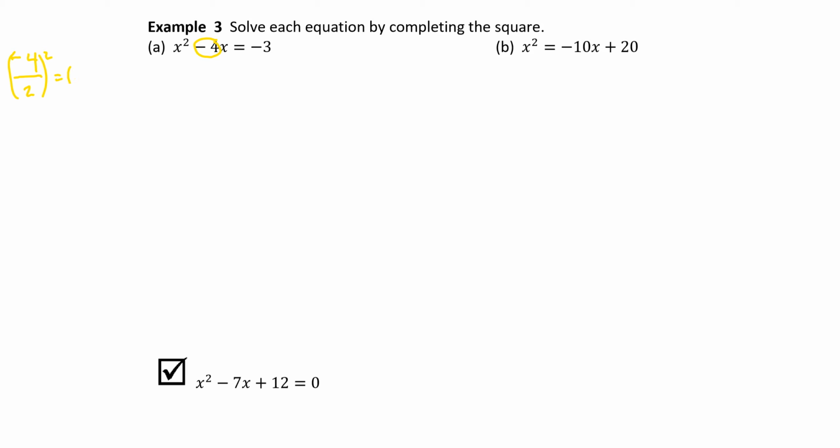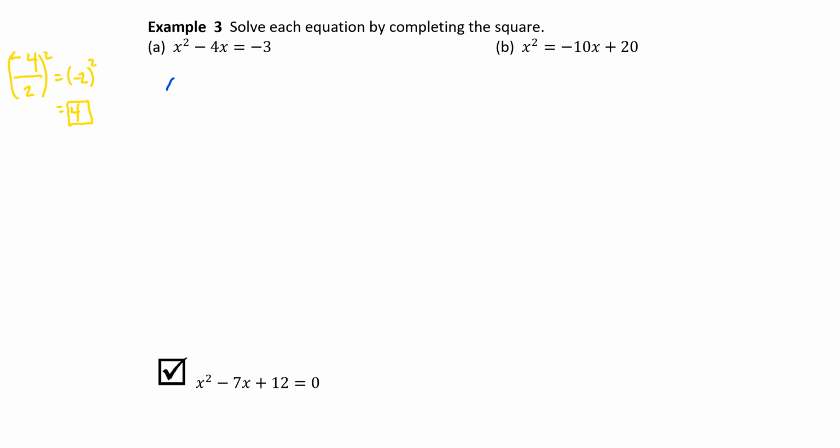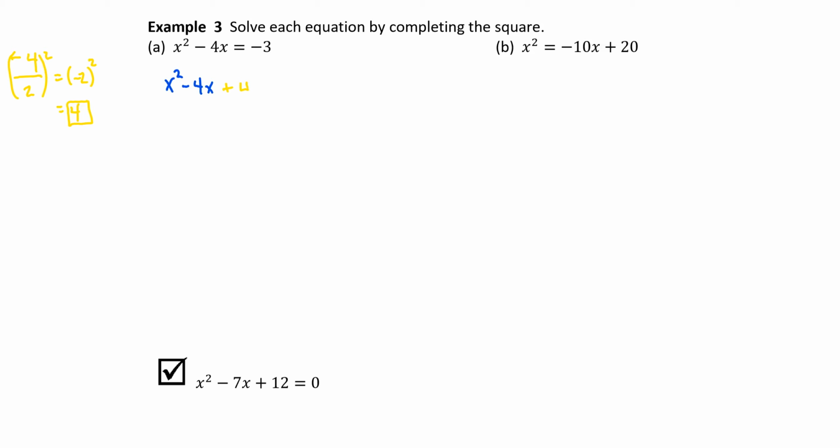Well, -4 divided by 2 is -2, and when I square that, I get +4. So +4 is the magic number that completes the square. So I'm going to add that number to both sides. We have x squared minus 4x. We're going to add our magic number that completes the square.